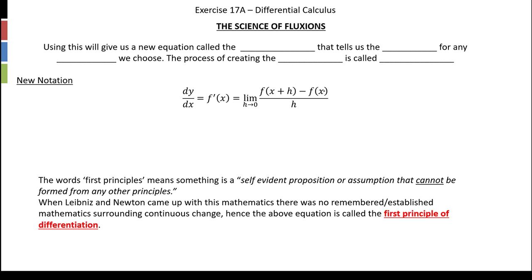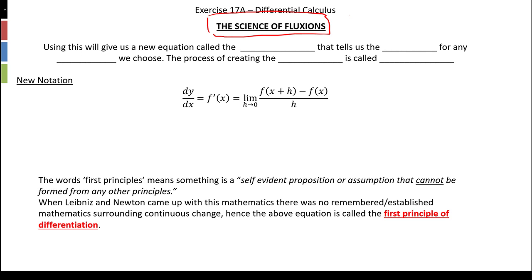So we now have what's called the science of fluxions. That's what Newton wanted to call this. I reckon that's pretty cool, pretty out there, so spacey, but luckily, in the long run, it was changed to just being called calculus. That's what Leibniz called it, or infinitesimal calculus, and that's what stuck.